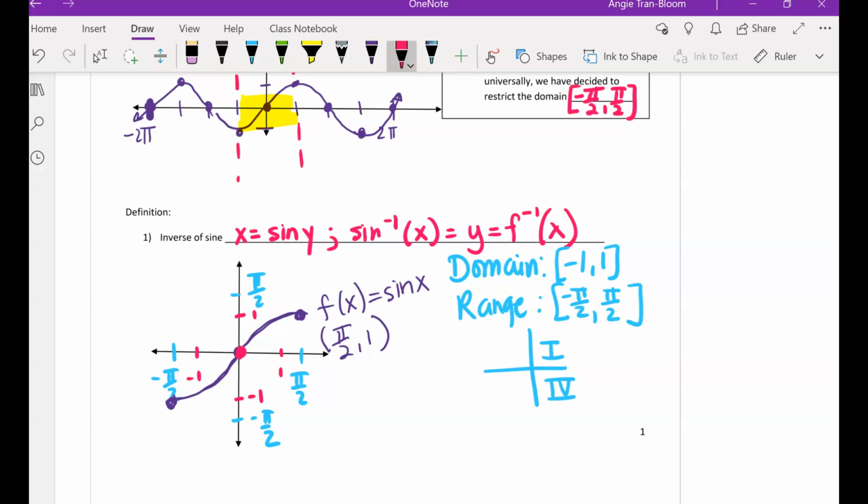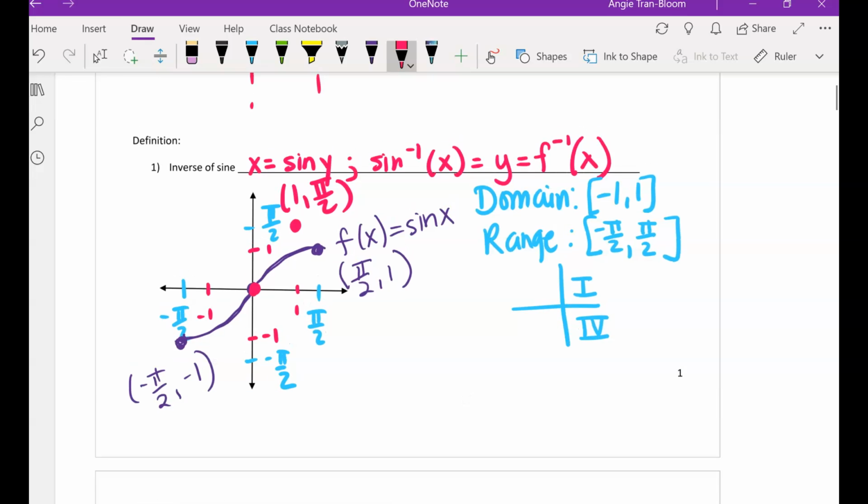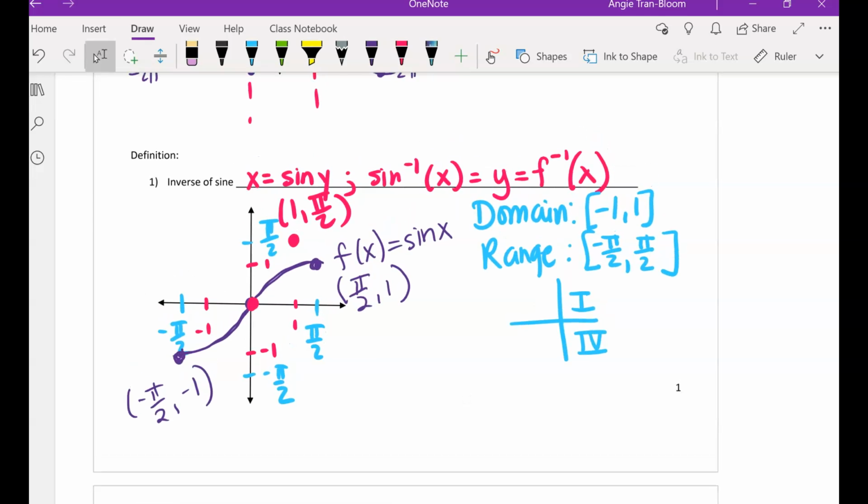So 1 is right here, pi over 2 is right there. Then we have this ordered pair all the way down here, negative pi over 2 comma negative 1. How will we switch that? Negative 1 comma negative pi over 2. So there you go, that's my dot.